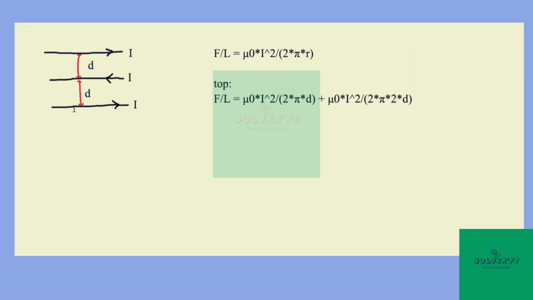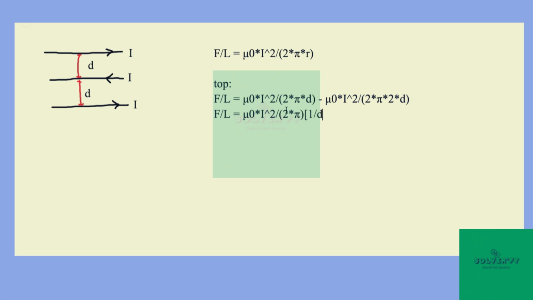And notice though that the current from this wire is traveling in the opposite direction as the current from the other. So let's arbitrarily say that we're going to call currents going to the left positive and currents going to the right negative. So I'm going to make this whole thing negative because we now have a negative contribution down here. So we can condense this a little bit because we have a lot of constants. We have mu naught times I squared, and a factor of 2 pi in the denominator.